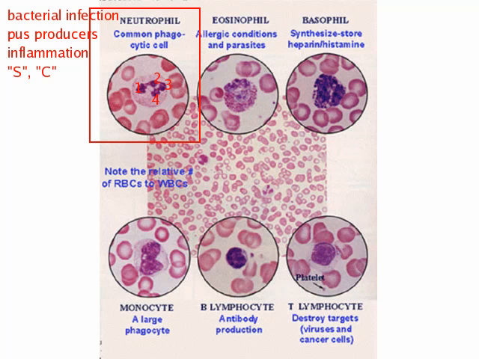Next, we draw our attention to the eosinophils. We'll label them in blue. Probably among my more favorites just because of what they help to combat. Usually we see these present within parasitic infections. So if you have a parasite inside of you, you're going to have these present.